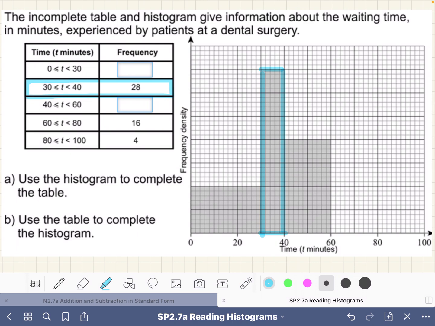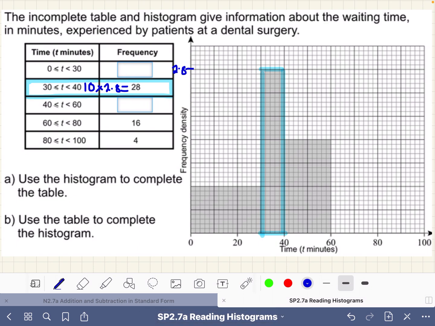We should know that the width times the height of our bar will give us the total frequency. That means we are looking for a width of 10 to multiply by a value to give us an answer of 28. That means 28 divided by 10 gives us 2.8. So our height up until that point there must be 2.8.